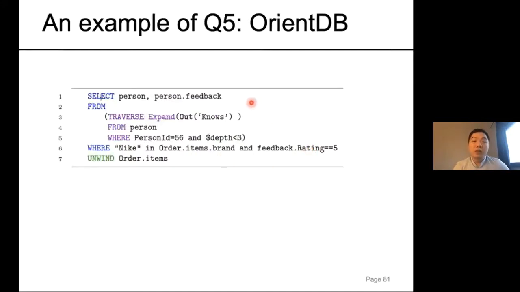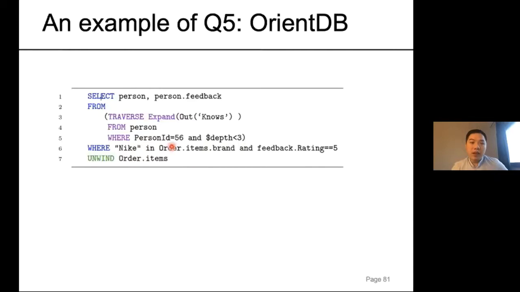And the OrientDB uses a SQL-like query language. So note that the join syntax is not supported, where it uses a chain or path-oriented dot operation to link the data, like order.items.brand and feedback.rating.